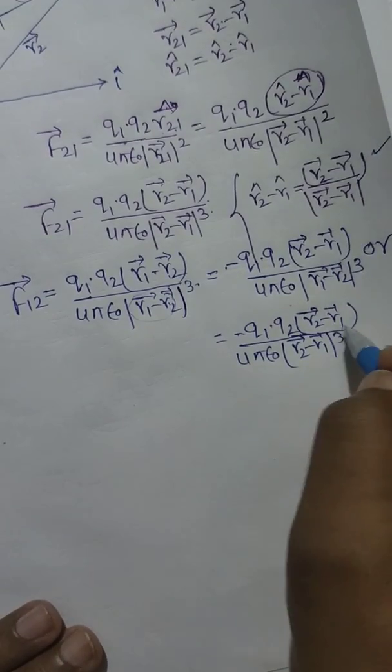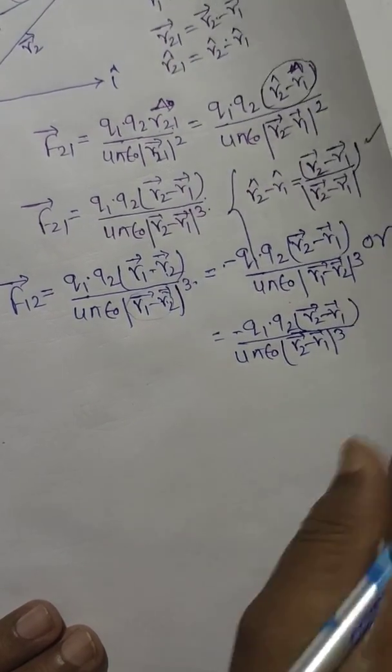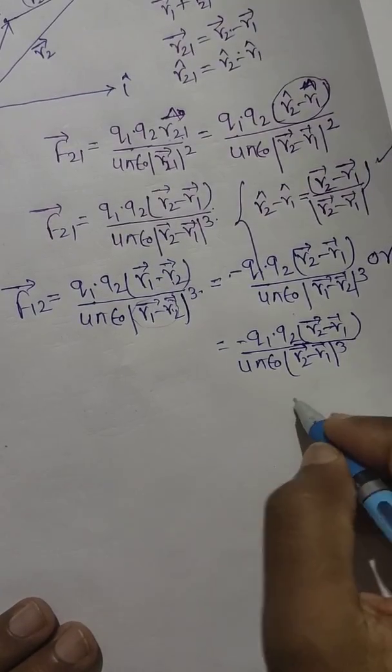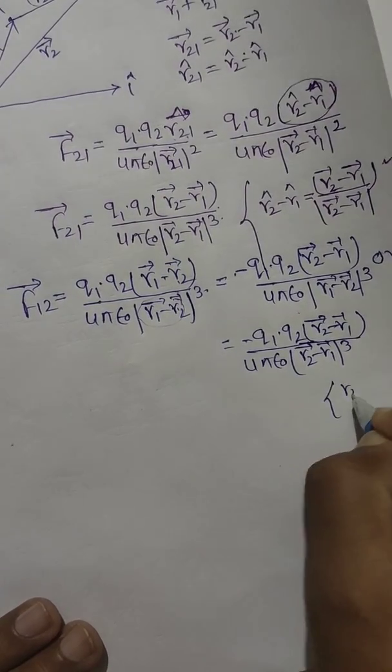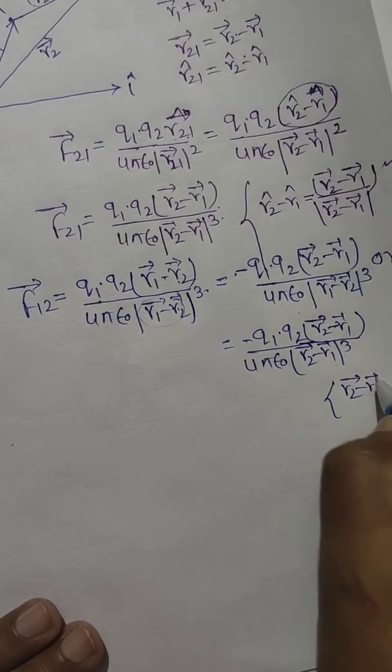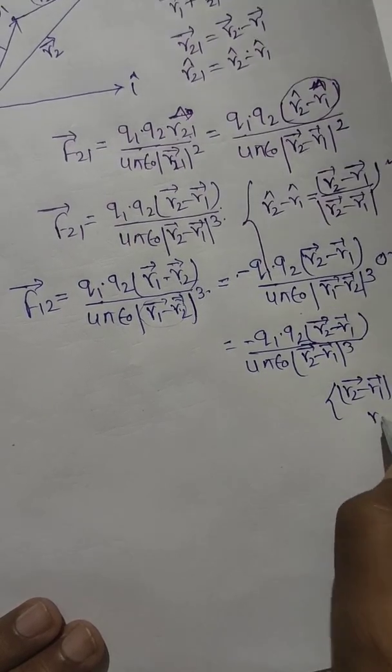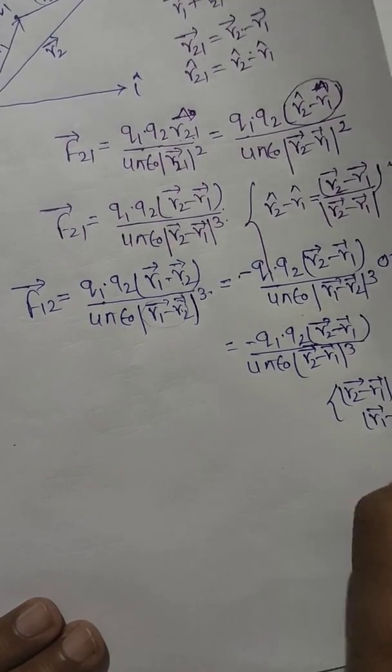Previously I showed that mode of R2 minus R1 is equal to mode of R1 minus R2.